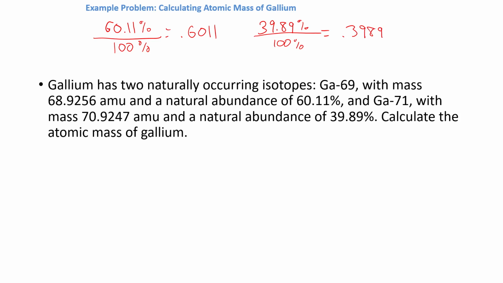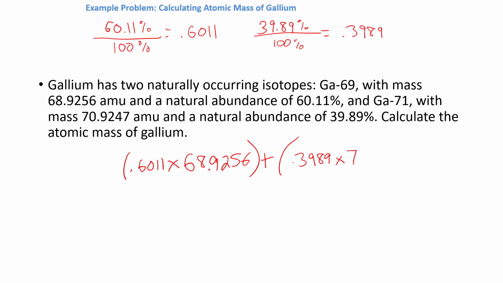So using the formula from the previous slide, we're going to take the percentage, 0.6011, times the mass, 68.9256, plus the percentage of the next one, which is 0.3989, times the mass of that one, which is 70.9247.